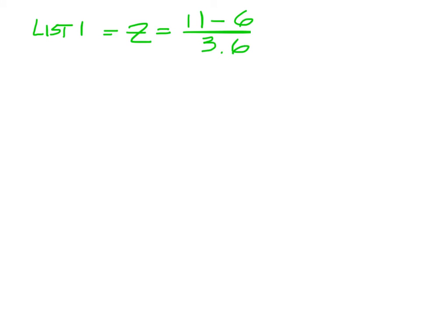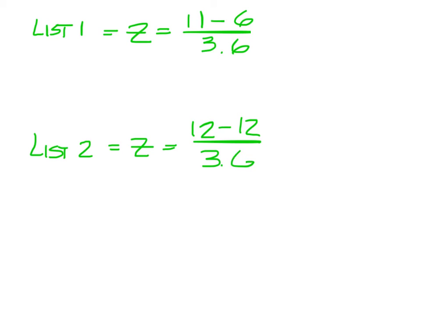Next up is finding the z-score, and for list 1, that would be the item 11 minus the mean 6 divided by the standard deviation 3.6. And we'll go ahead and write the formula for list 2. That would be 12 minus the mean, which is 12, and then over 3.6. Oh, 5.5? I wrote 3.6 twice. Yeah, so 5.5.